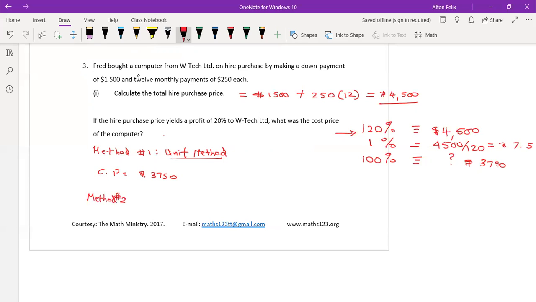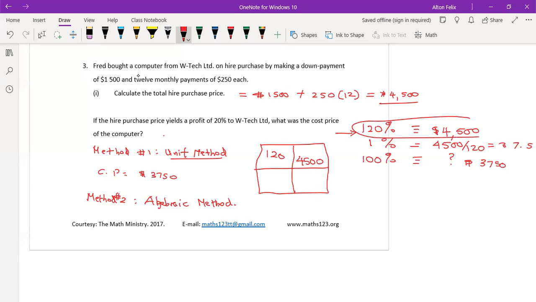Now the second method, method number 2, is the algebraic method. You just want to incorporate some algebra here. Using the same setup as just now, you may even want to draw a nice little table like this. 120 is equivalent to 4,500, and you need to figure out what is 100.